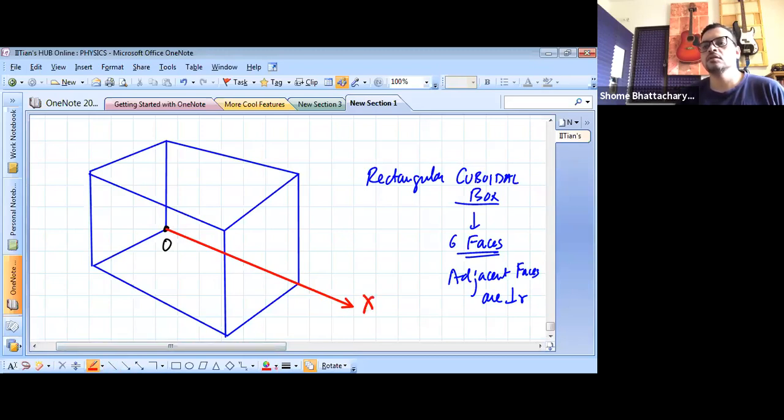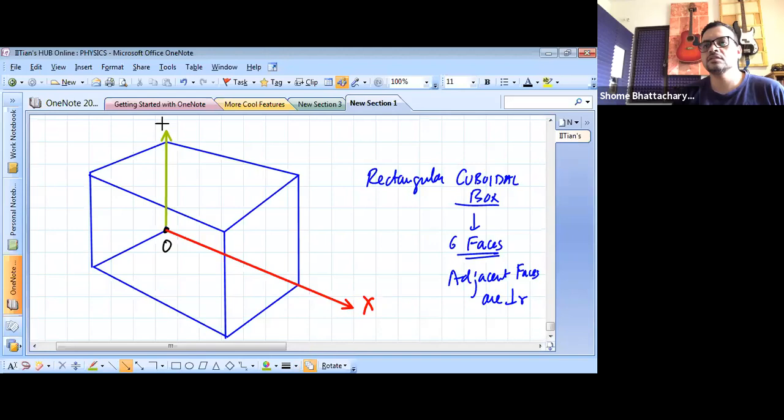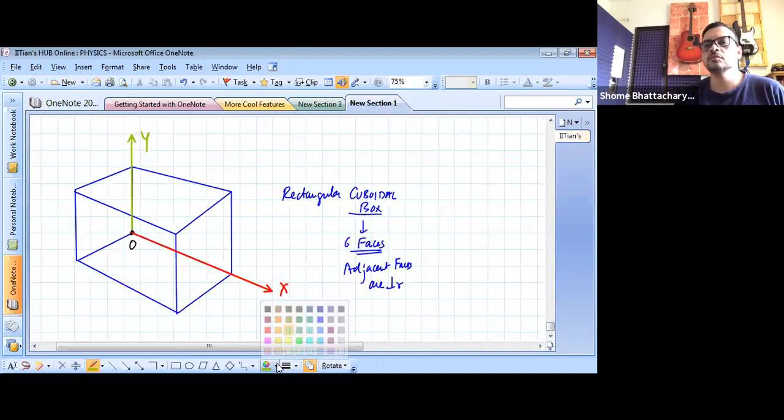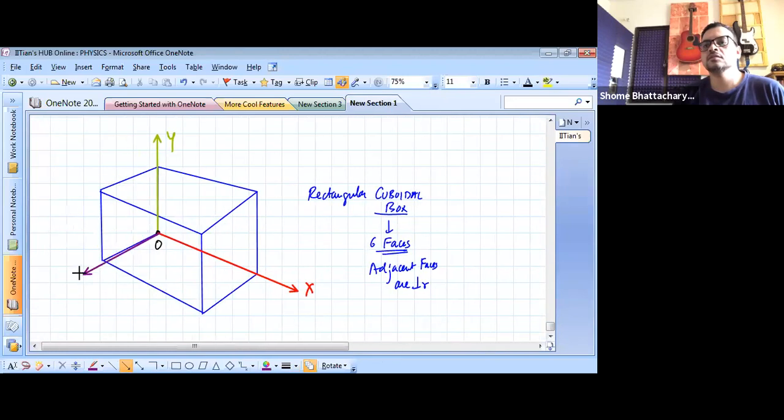Similarly, let's visualize as if this edge is becoming our y-axis. And similarly now, this edge here is our z-axis. So they are mutually perpendicular, as you can see.